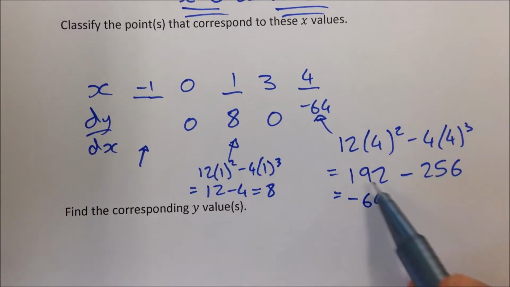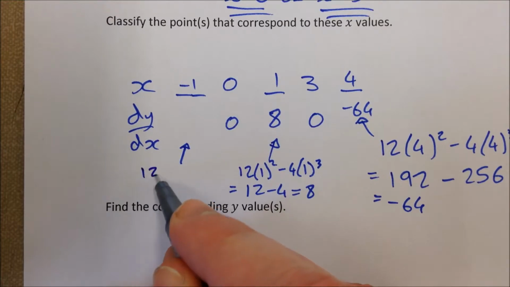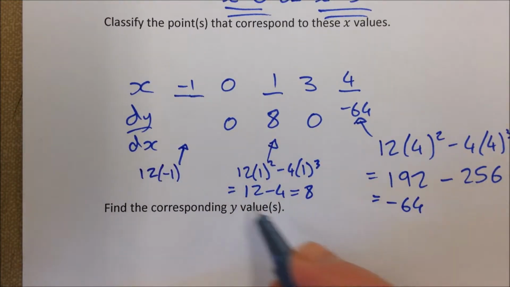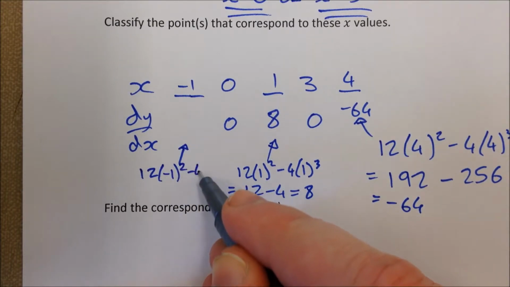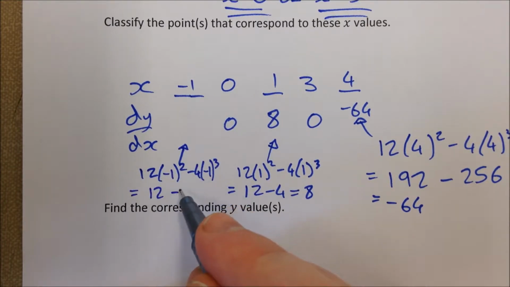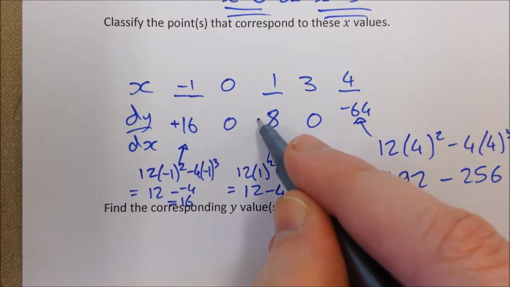Okay, so for -1, I'm going to do 12 lots of -1 squared, take away 4 lots of -1 cubed. So that'll be 12, take away -4, so that'll be 16. But the important things are that these are positive.